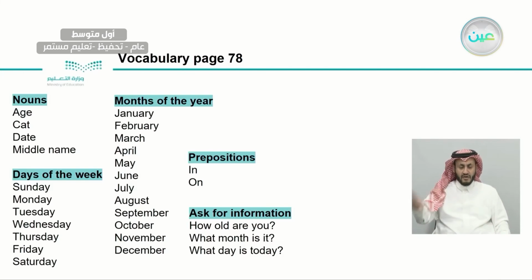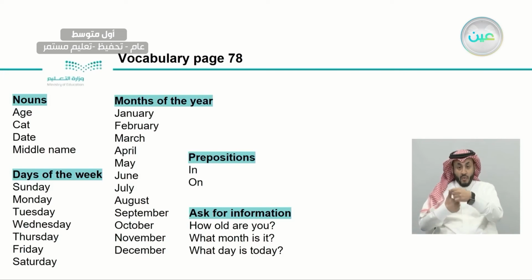Days of the week: Sunday, Monday, Tuesday, Wednesday, Thursday, Friday, Saturday, and usually we capitalize those days. Okay, they are nouns. How about the months of the year? Are you able to know the order of them? First month, second month, third, fourth, fifth, sixth, seventh, eighth, ninth, 10th, 11th, 12th.